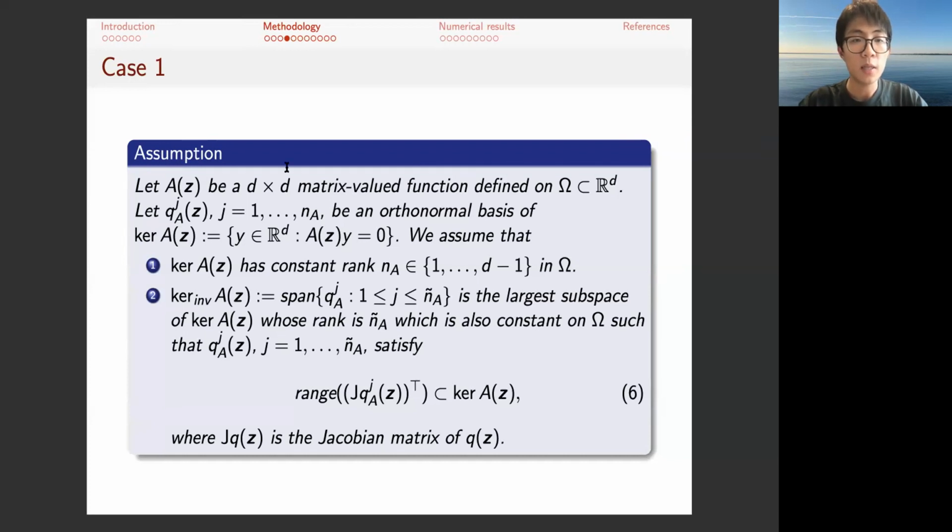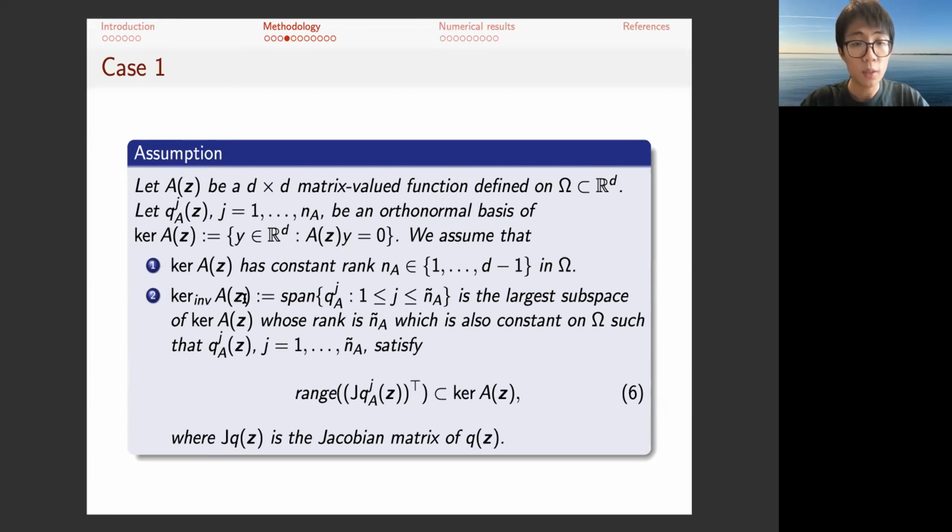This assumption is a standard assumption that is commonly applied since the 1970s, and typically to make the analysis go through. Because we need this assumption to prove the universality theorems, basically saying that we want the kernel of A, which is L and M, to have some sort of constant rank.